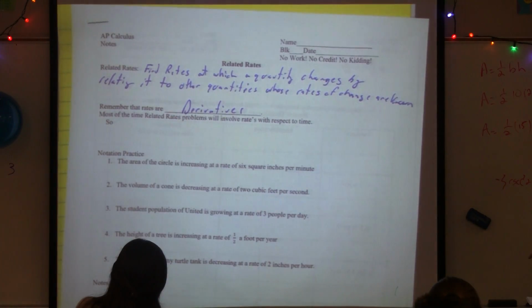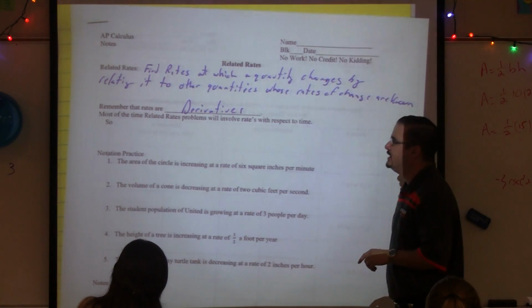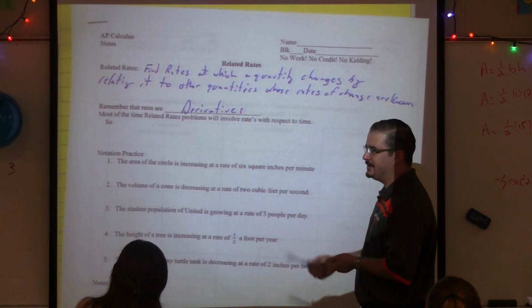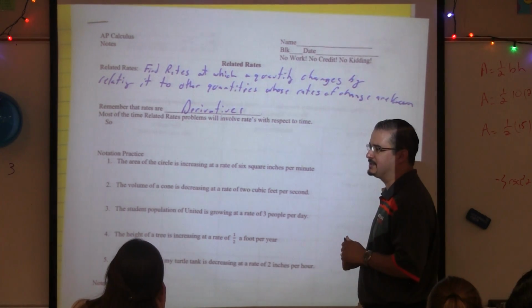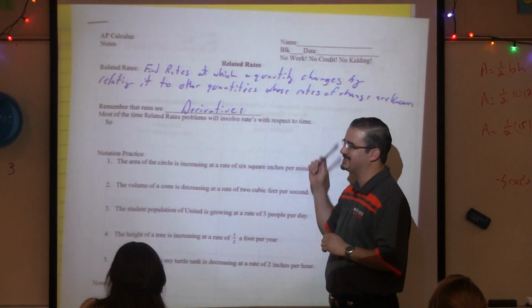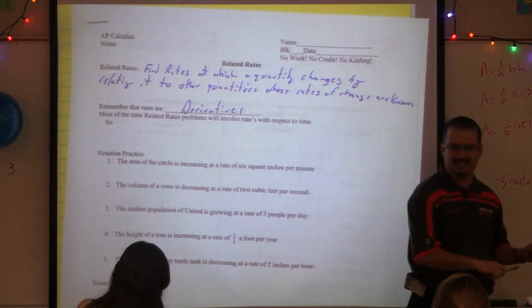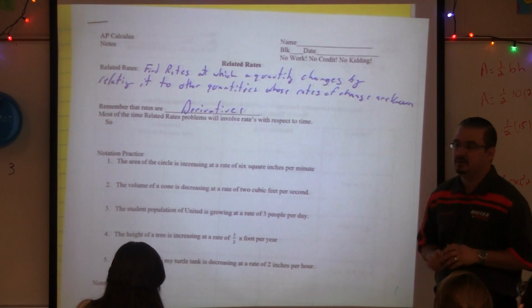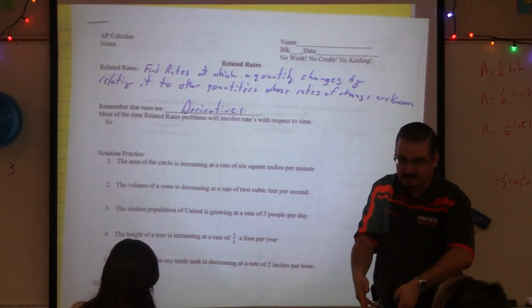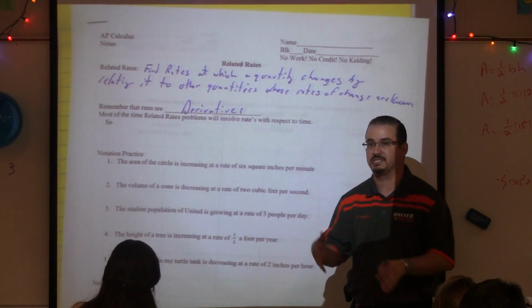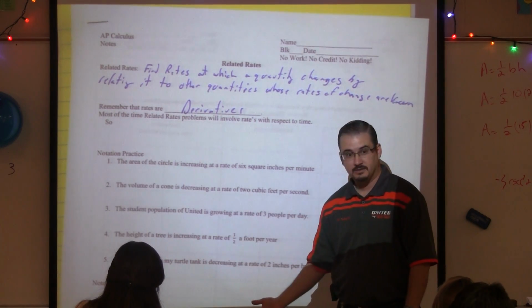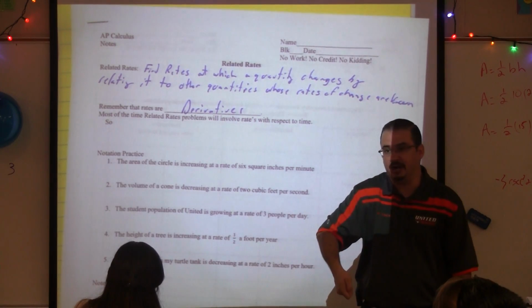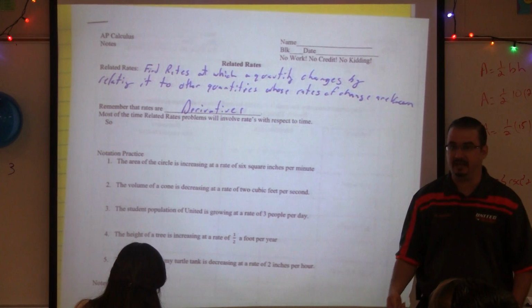In most of these problems, we're going to be finding derivatives, and most of the time it's going to be with respect to time, not with respect to x like before, because here we're talking about something real. The volume inside the tank is changing with respect to time. How long I pour water into that tank is going to affect the volume.